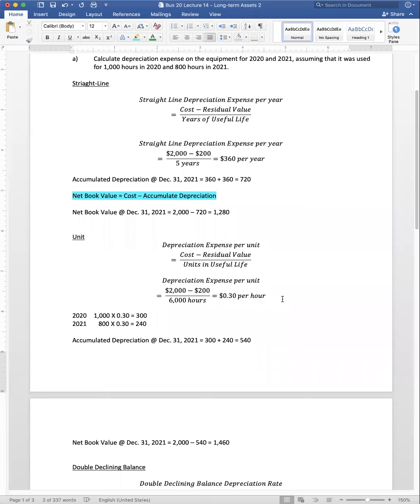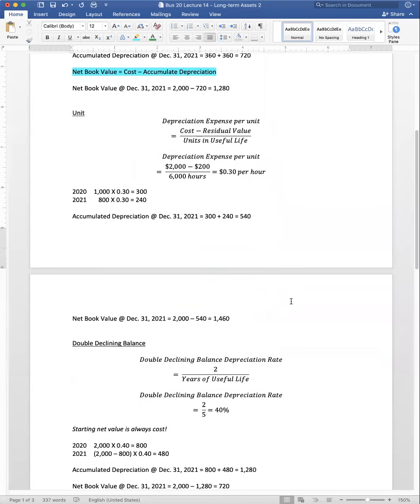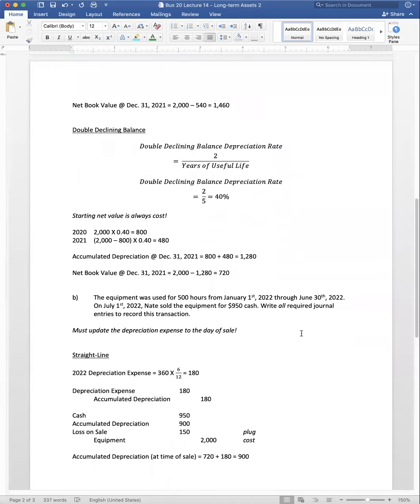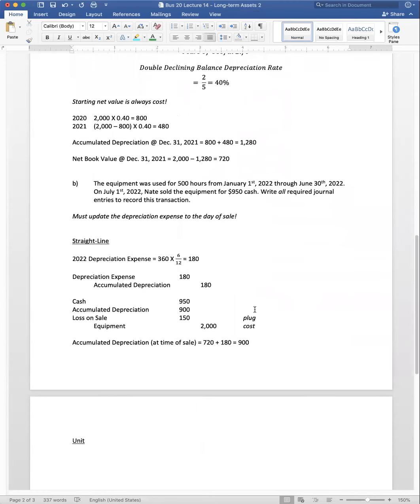Okay, so that 30 cents per hour, we're going to have to multiply that by the number of hours that we actually used. Well, in the question, we're told that the equipment was used for 500 hours. Okay, so we're going to have 500 hours times 30 cents.